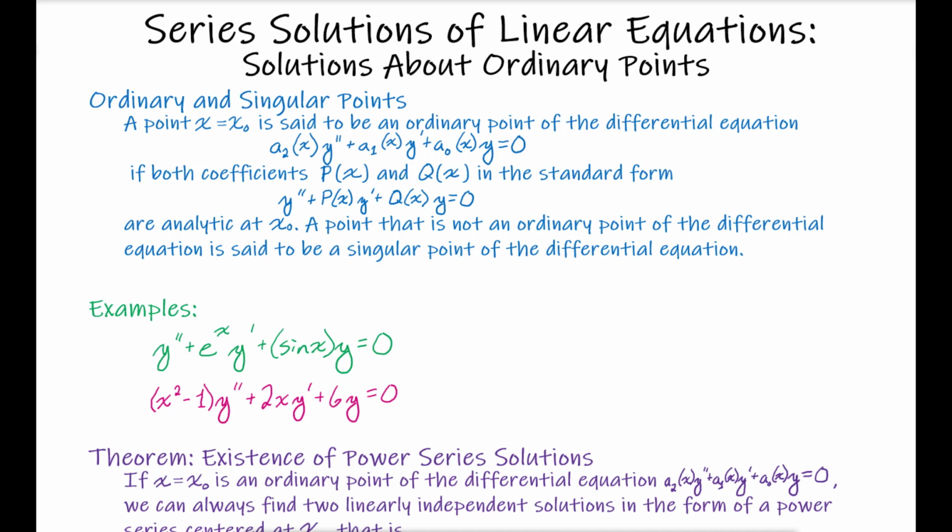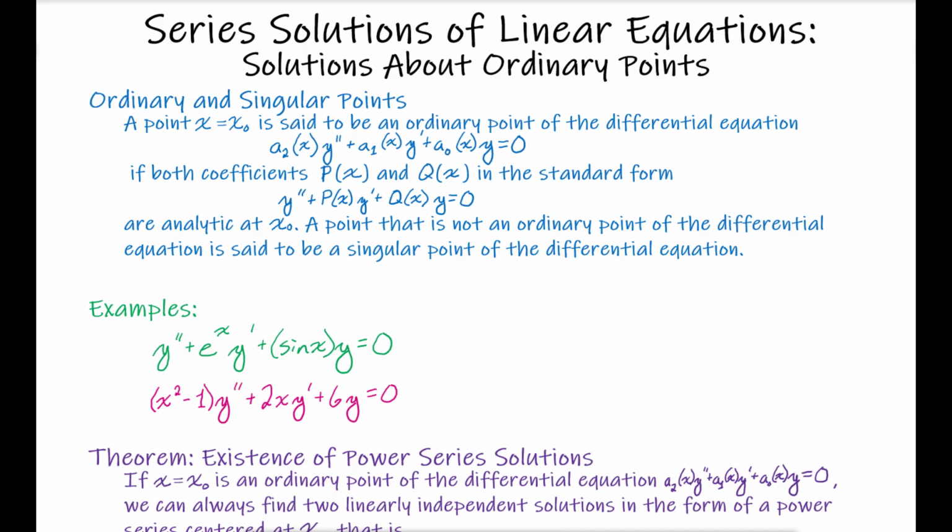So a point x equals x sub 0 or x naught is said to be an ordinary point of the differential equation a sub 2 of x times the second derivative of y with respect to x plus a sub 1 of x times the first derivative of y with respect to x plus a sub 0 of x times y equals 0, if both coefficients p of x and q of x in the standard form, the second derivative of y with respect to x plus p of x times the first derivative of y of x plus q of x times y equals 0, are analytic at x naught.